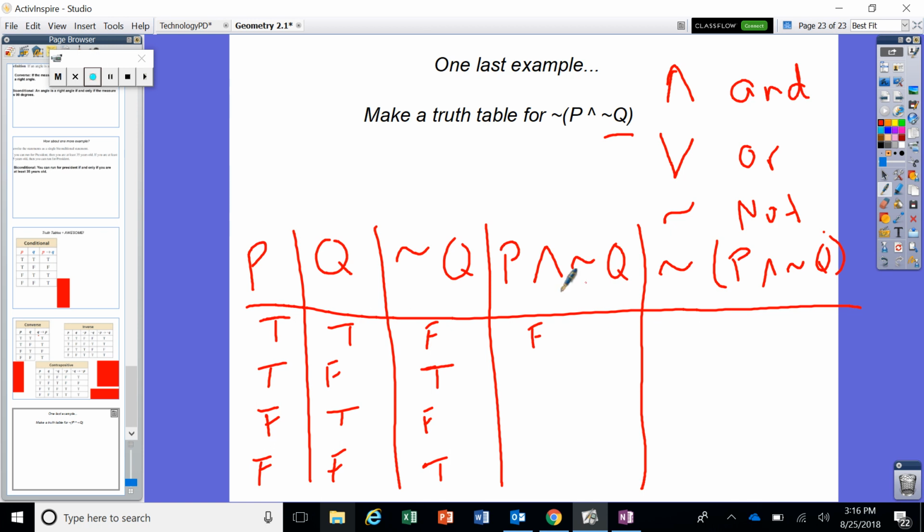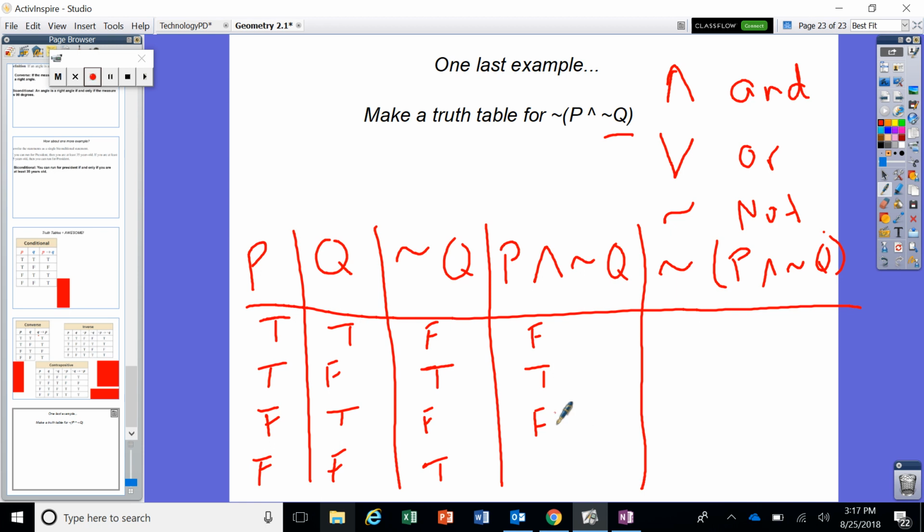That is not like our implications. It is not P implies not Q. It is P and not Q. Let's go to the next one. True and true. That's a true statement. Both of them are true. False and false. That's a false statement.